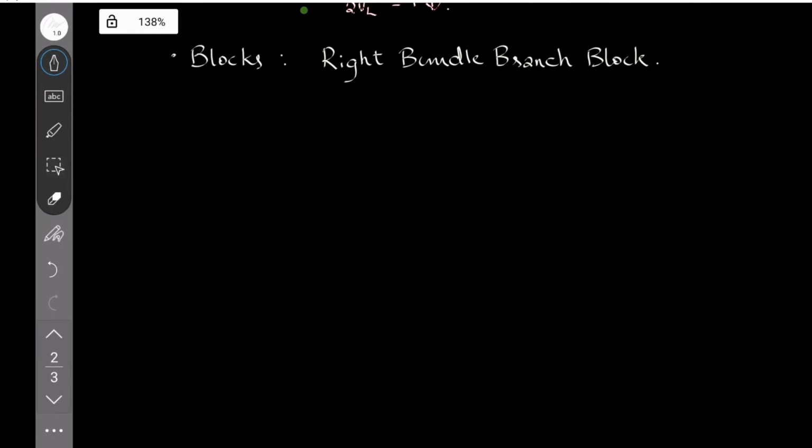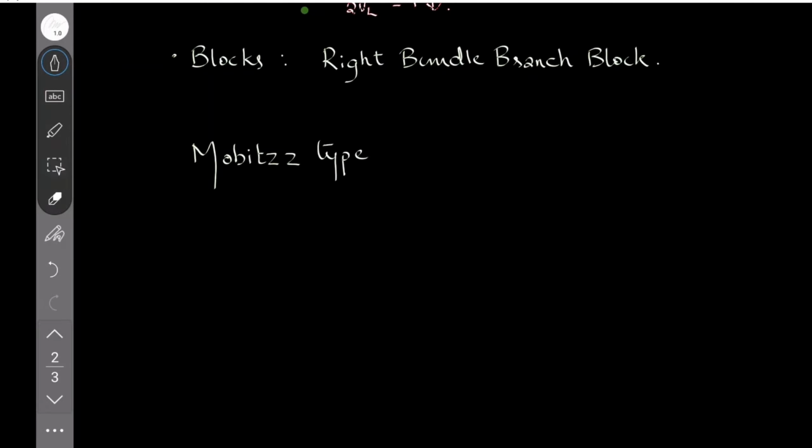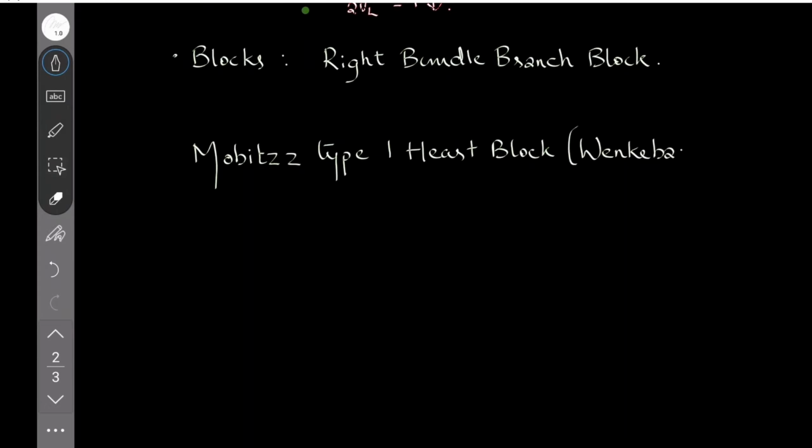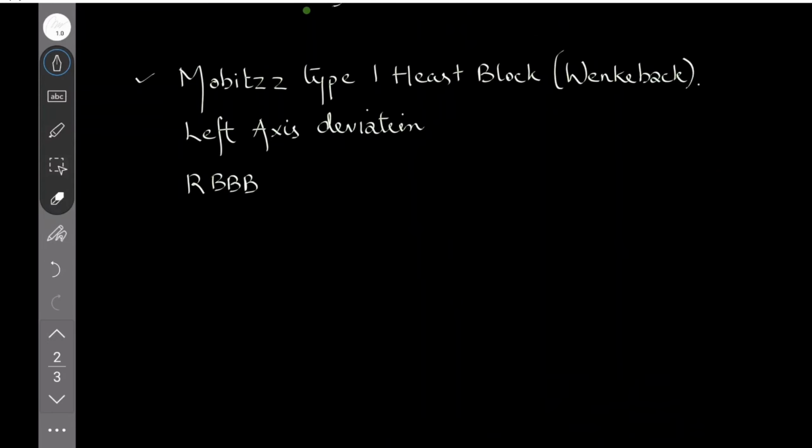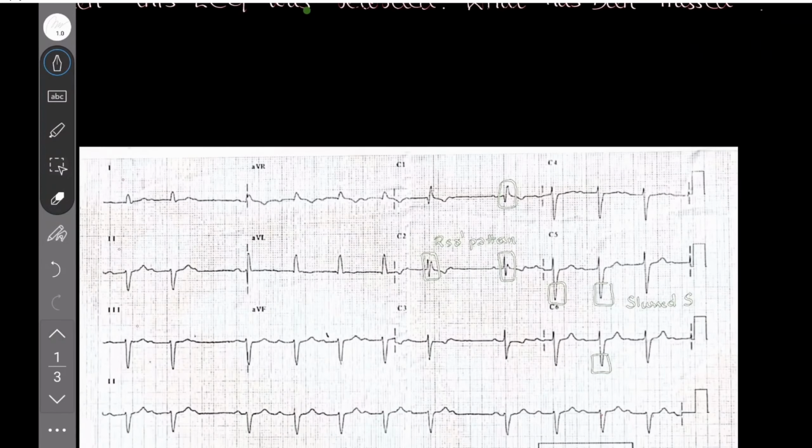This ECG is of Mobitz type 1 heart block, or it is called the Wenckebach phenomenon, with a left axis deviation with right bundle branch block. Probably in due course of time, the patient may require a pacemaker.